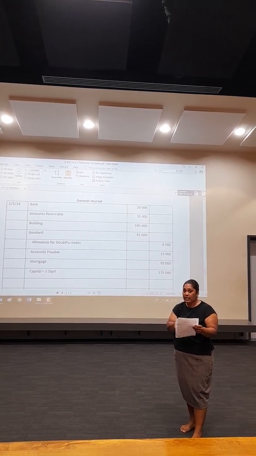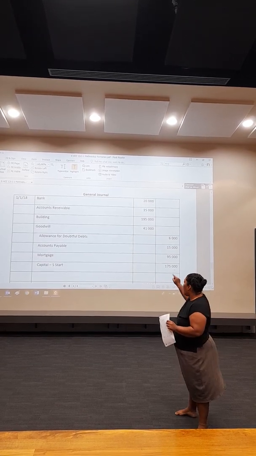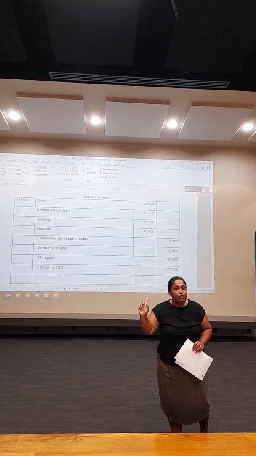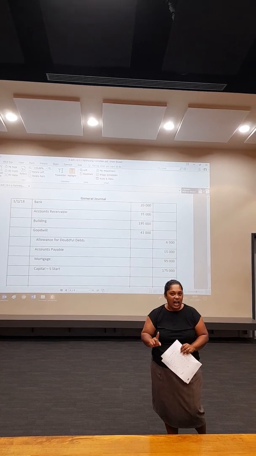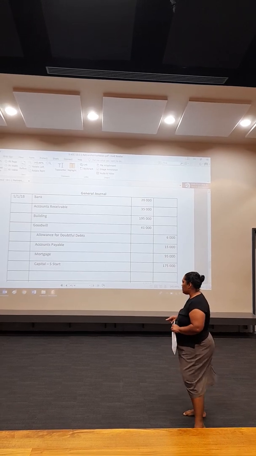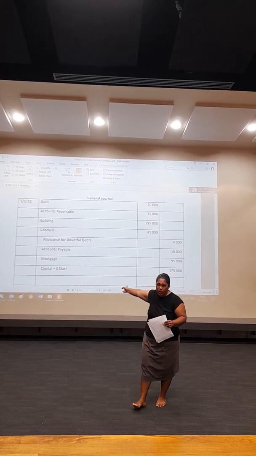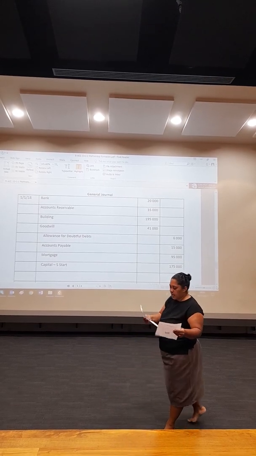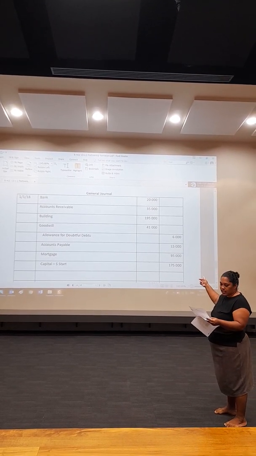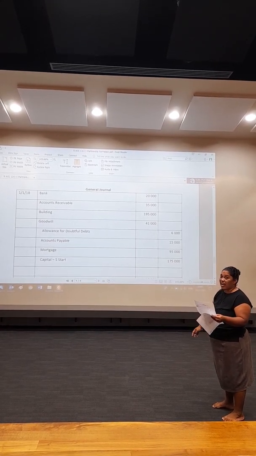So not the 180 in the original balance sheet, but the new value of 195. Goodwill should be calculated last. We always calculate goodwill last. So we know accounts payable, doubtful debts, where that has come in. And it also says accounts payable remains as 15,000 and the mortgage remains at 95.